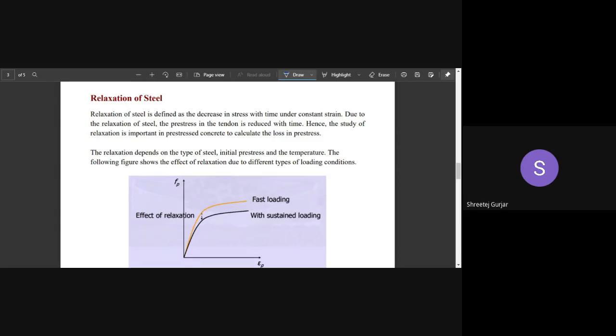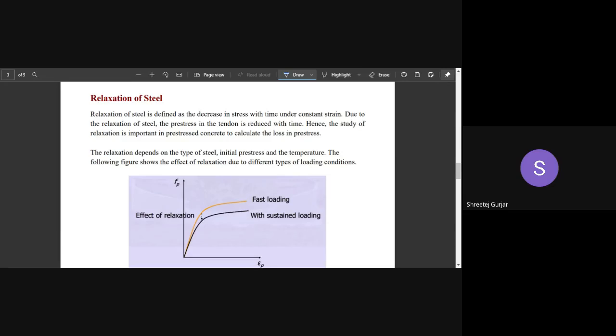The amount of relaxation which occurs in steel mainly depends on the type of steel which we are using, then the amount of pre-stress which we have applied, and the temperature. Temperature is important because steel is susceptible to temperature.